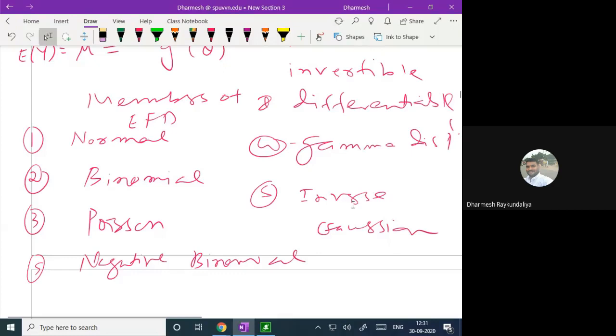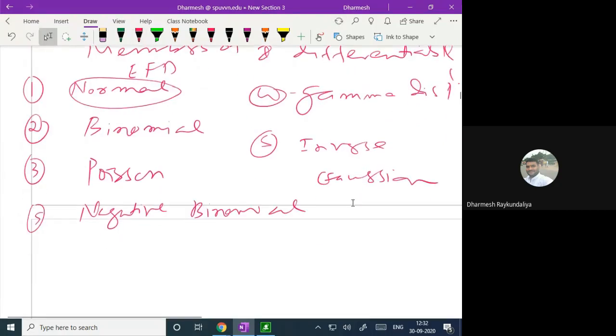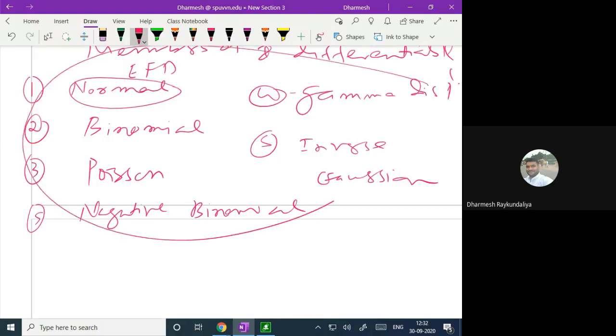Whatever models we developed in the second semester were linear regression models, where we assume that epsilon has the normal distribution. If epsilon is normal, it means y is normal, because y is a linear function of epsilon. But here we consider that y is a member of the exponential family, so all these distributions are covered.